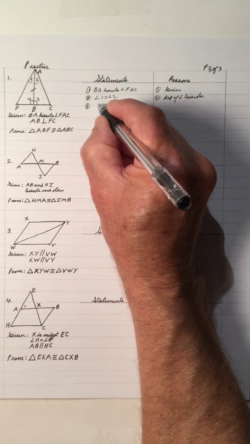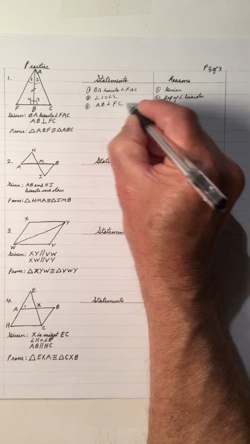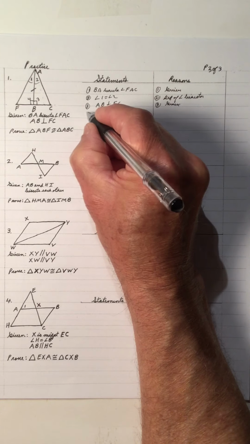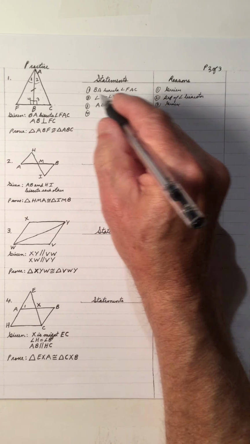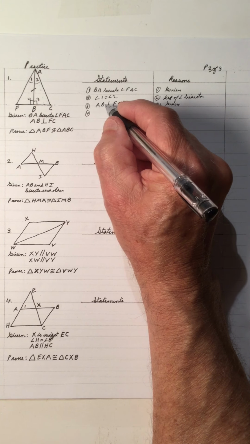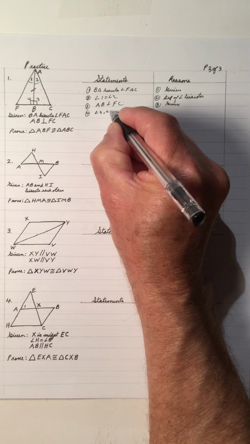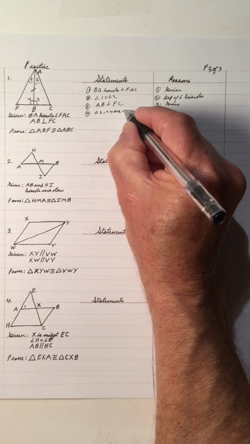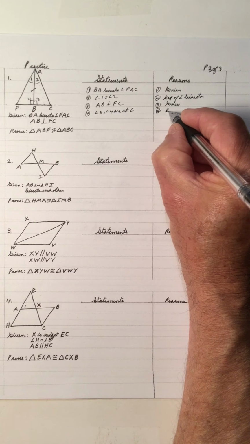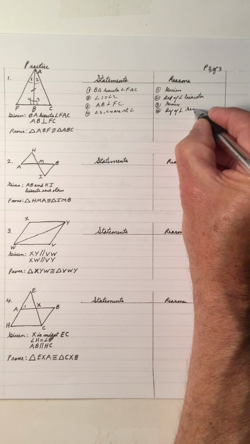Number 3, AB is perpendicular to FC, given. That means if perpendicular, we could say that angle 3 and angle 4 are right angles. Definition of perpendicular segments or lines.